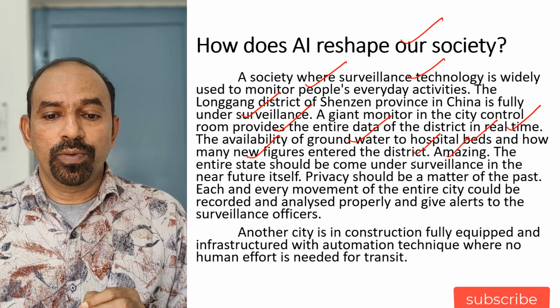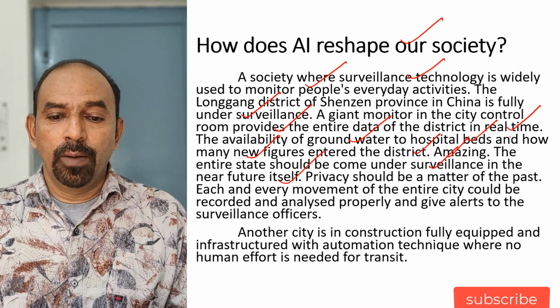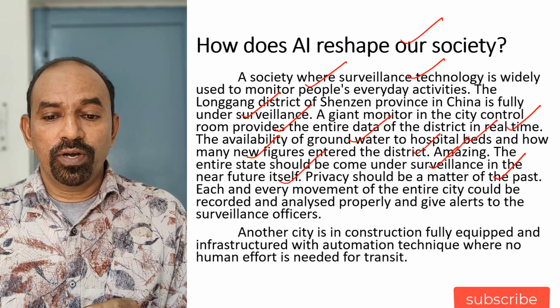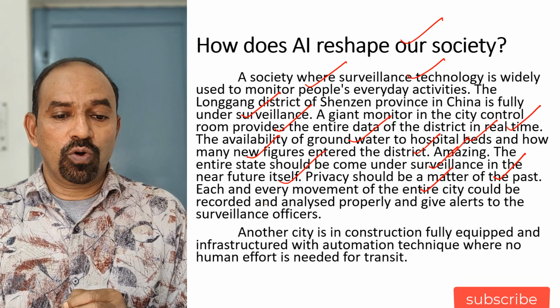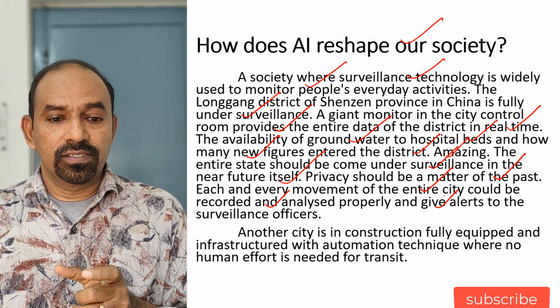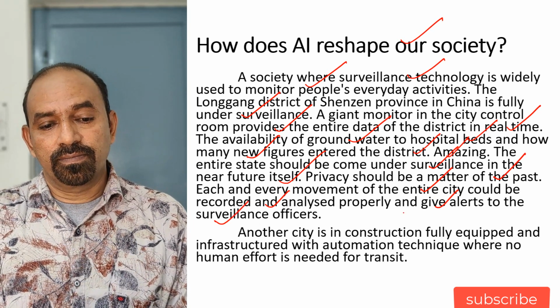The entire state could come under surveillance in the near future. Privacy could become a matter of the past. Each and every movement in the entire city could be recorded and analyzed properly, with alerts given to the surveillance officers.